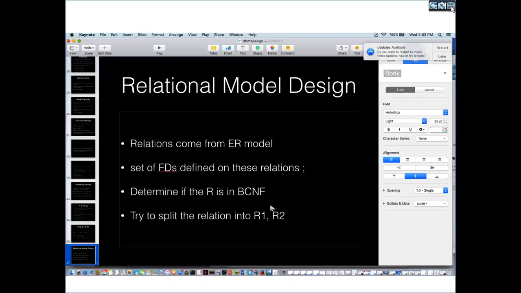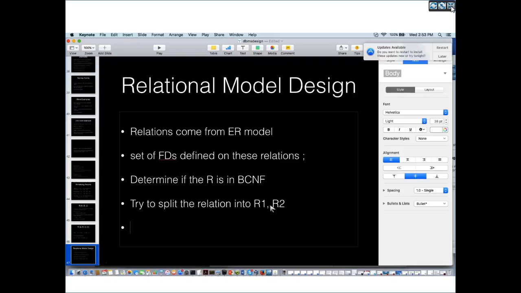Now, when we split it into R1 and R2, there are two things that need to be worried about. The split is lossless, and it actually preserves dependency.